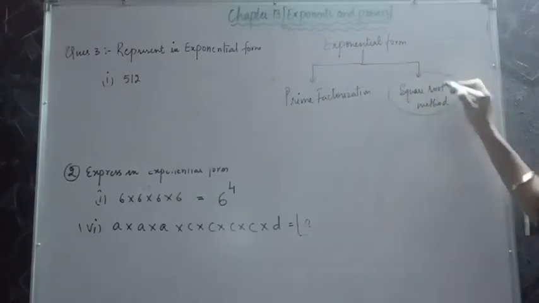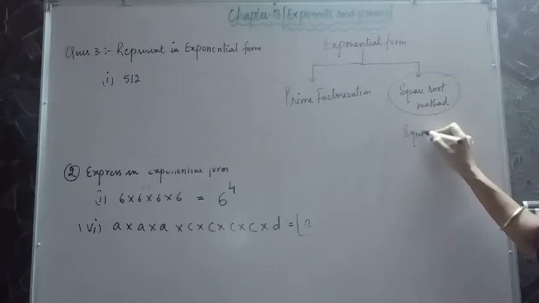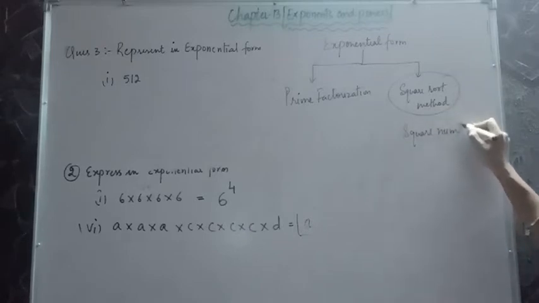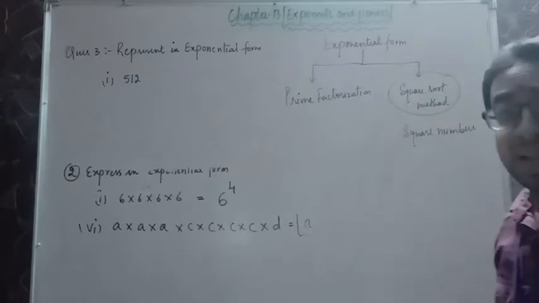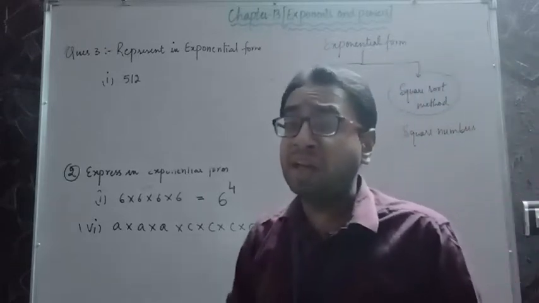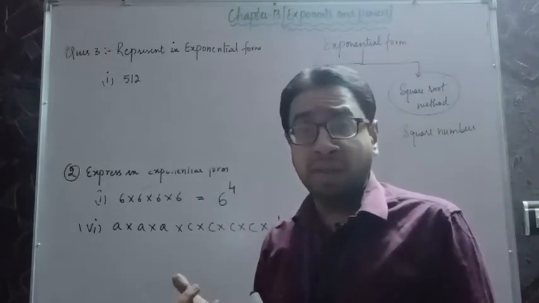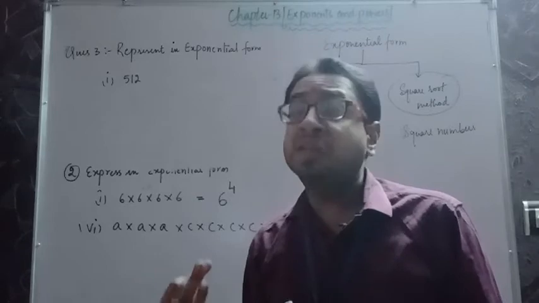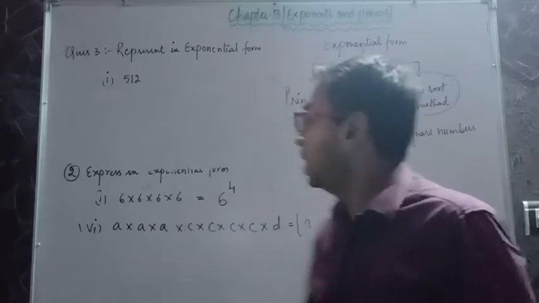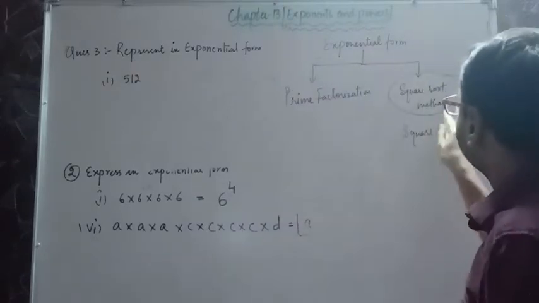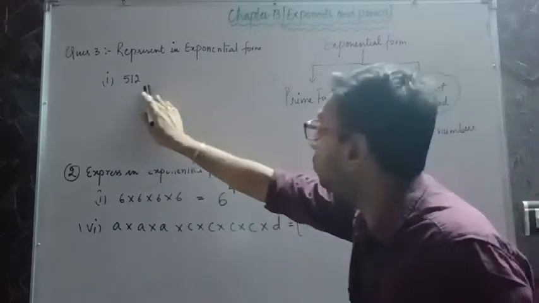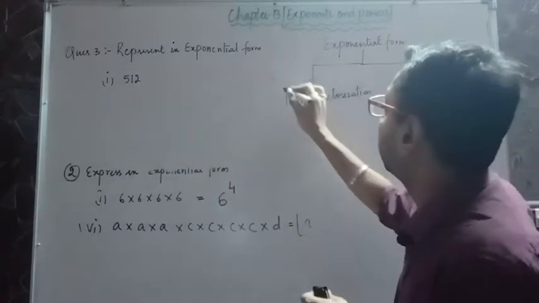Square root method is applicable only for square numbers, the numbers which are perfect squares, like 4, like 9, like 16, like 25, like 121, like 196, 625. They are perfect squares. So only for those numbers the square root method exists. For the rest of the numbers, the best method is the prime factorization method.